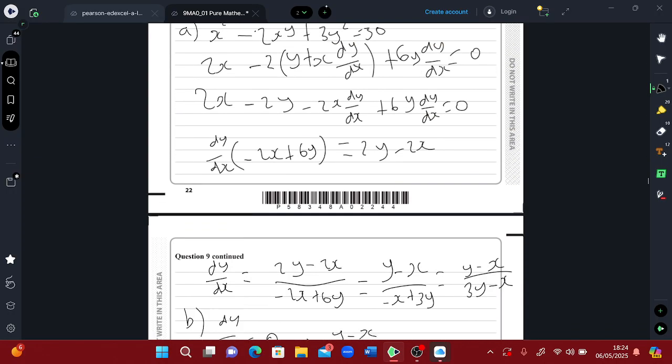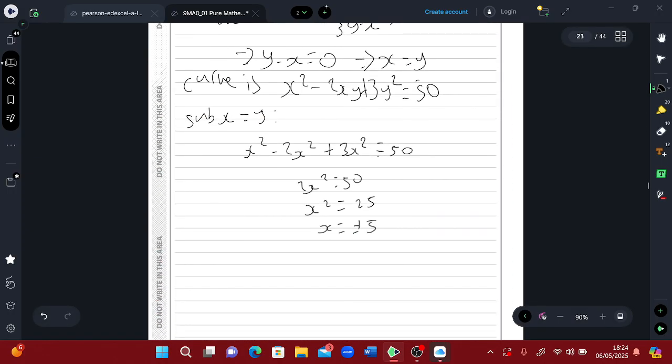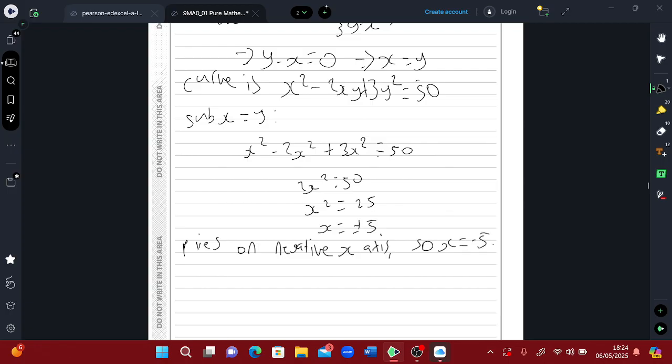So P lies on the negative x-axis, so x is minus 5. Well, we also know x equals y, so it's minus 5, minus 5.